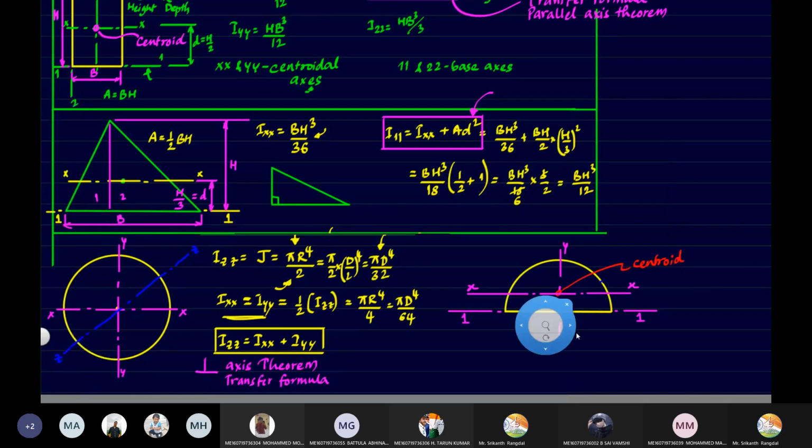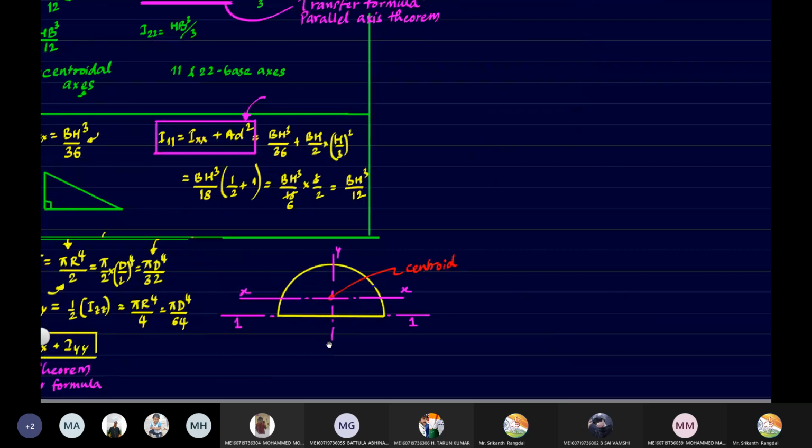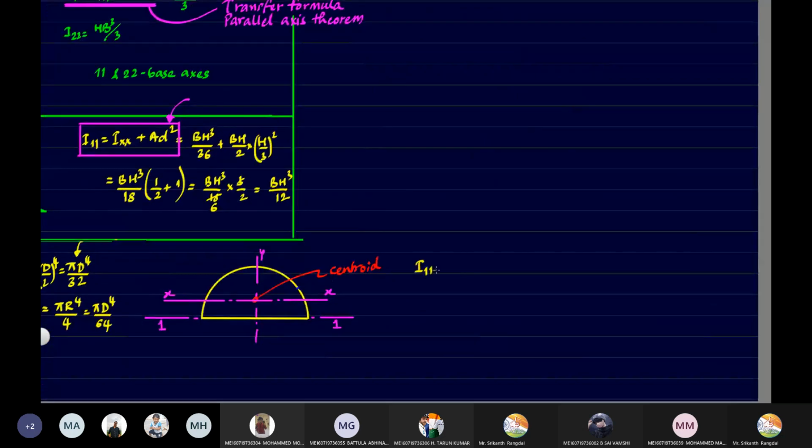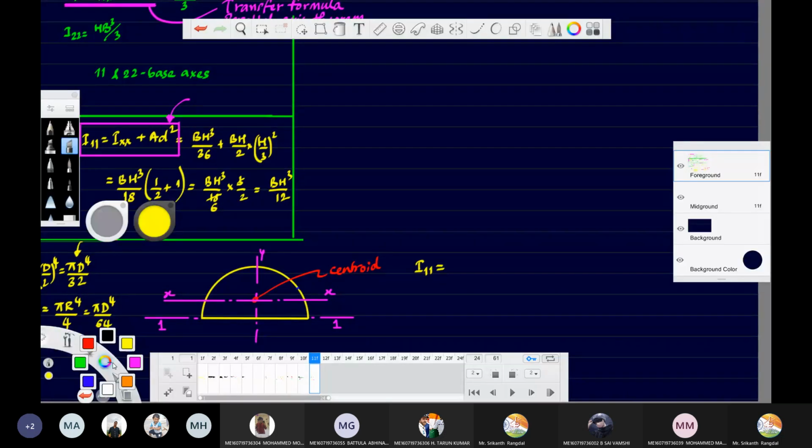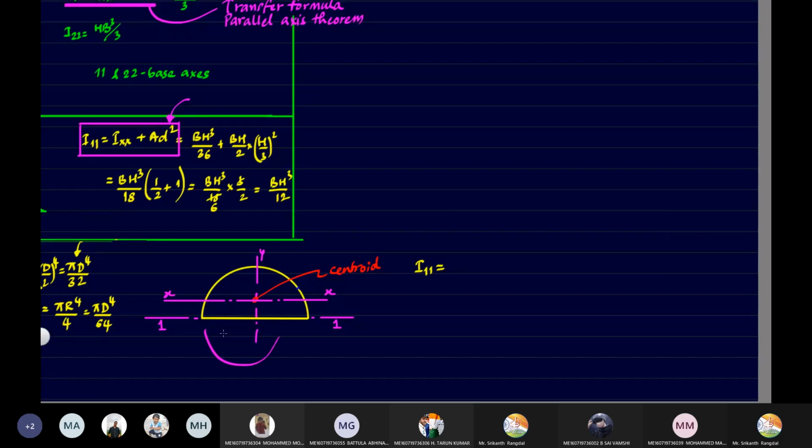Now, for this, first we will be able to find I11. What will be I11? You see this lower part, we are removing it.